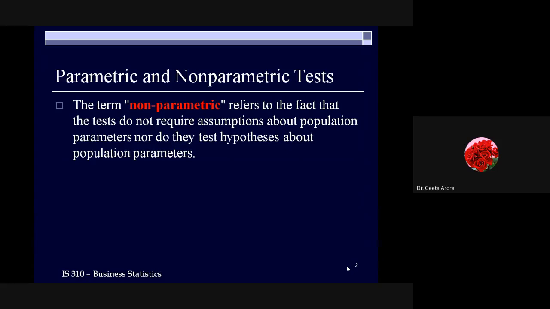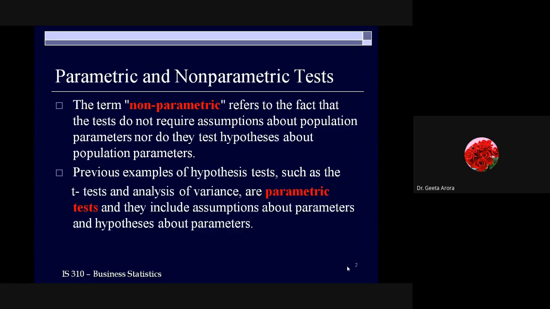Non-parametric test means here we are not requiring any of the assumptions which are required in the tests we have learned till now regarding the population or the sample. Here we are just looking for a conclusion about whether things are related to each other, whether they are depending upon each other or they are independent of each other.